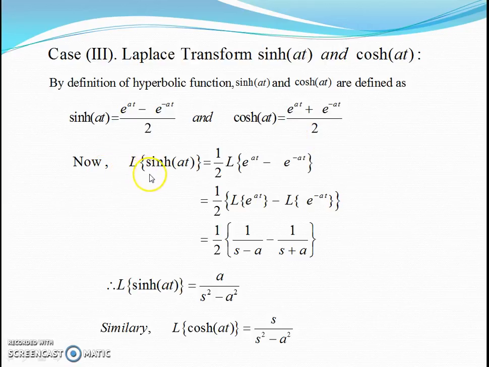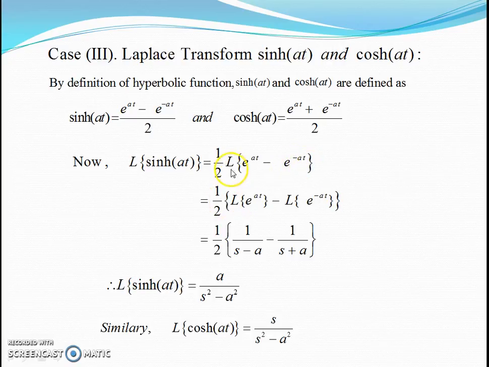Now, Laplace transform of hyperbolic sine at is equal to 1 by 2 into Laplace transform of e to the power at minus e to the power minus at.